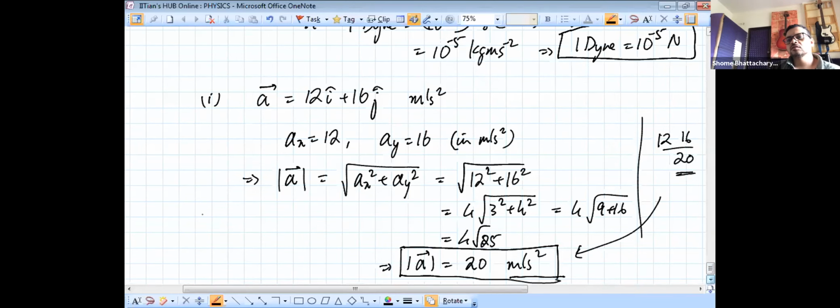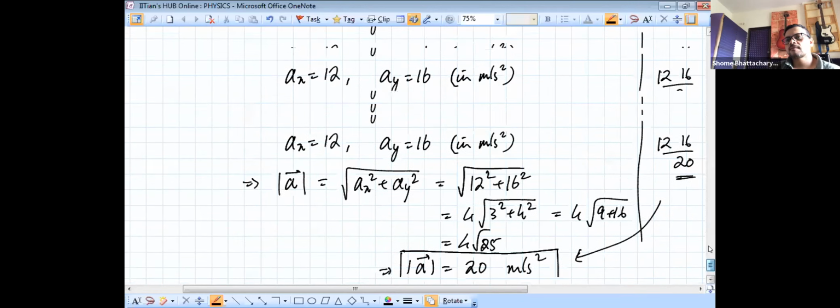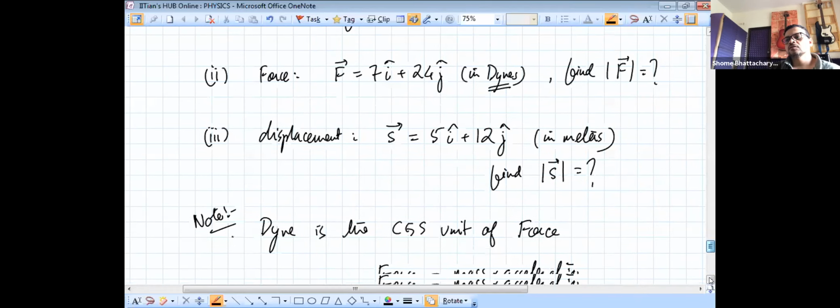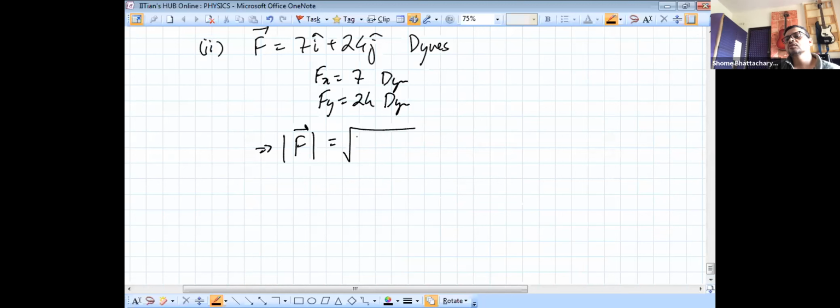Similarly, the second one, the force I had given you was 7 i cap plus 24 j cap in dynes. So again, you can see that the x component of force is 7 dyne and the y component of force is 24 dyne. So the magnitude of the force becomes square root of x component square plus y component square.